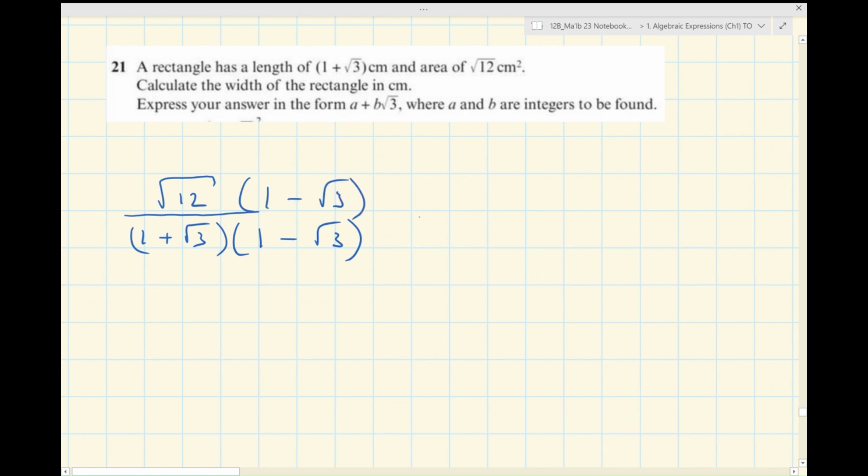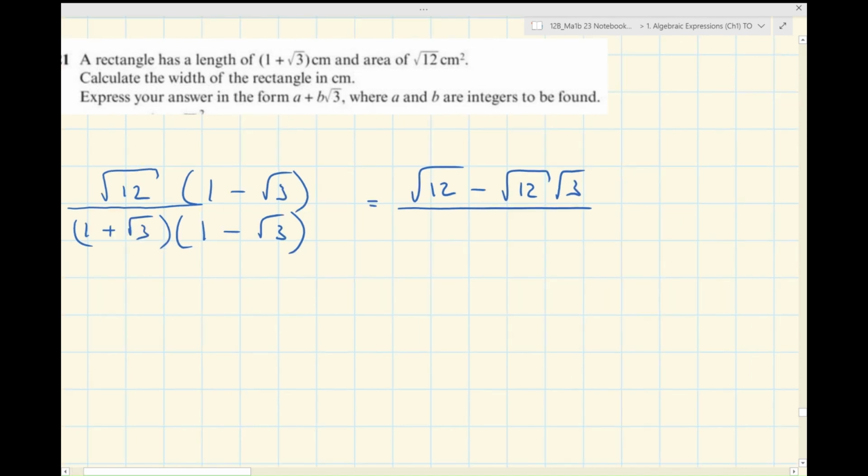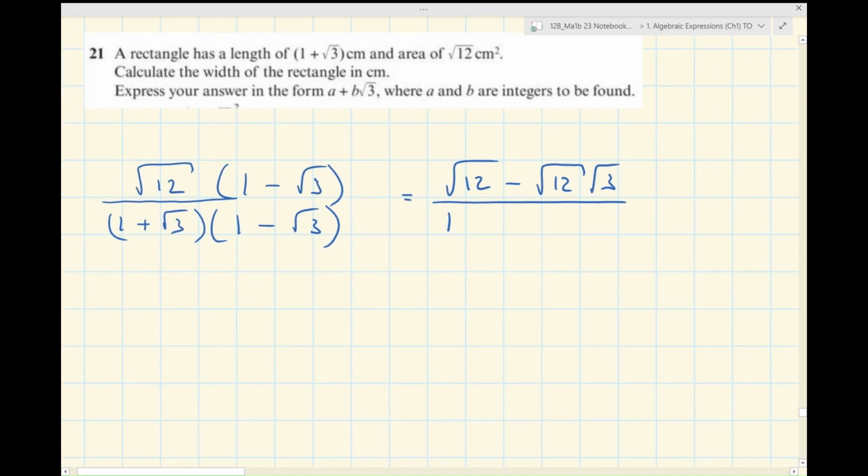Okay, that's going to give me root 12 minus root 12 times root 3 all over, right, 1 times 1 is 1, middle terms disappear, plus root 3 times minus root 3 is minus 3.